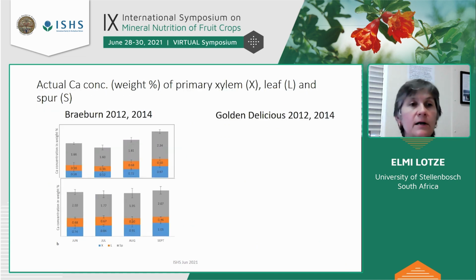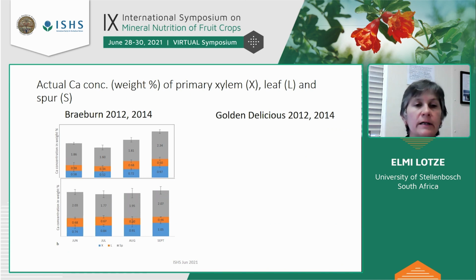If we now present the data slightly differently and look at the actual calcium concentration, again as a weight percentage of the three different tissues, we start with Braeburn, comparing the two seasons. We find again that the highest actual calcium concentration was found in the spurs, with similar concentrations in the xylem and the leaves.